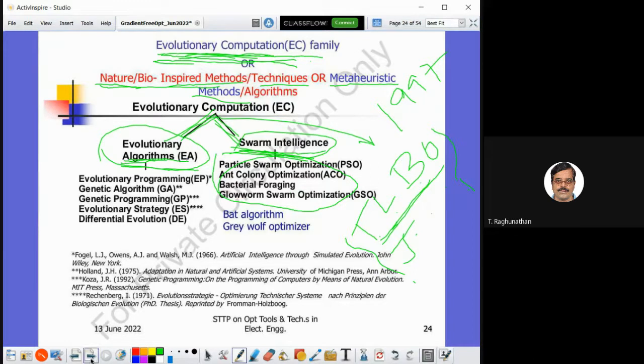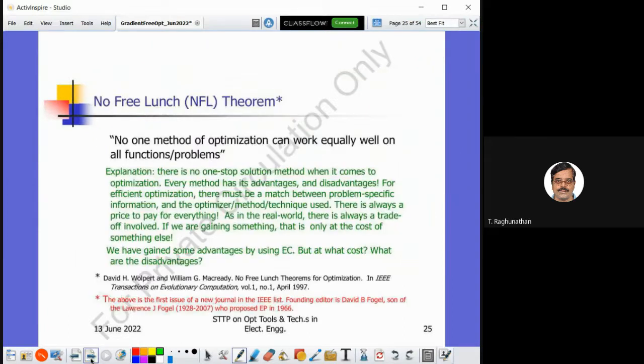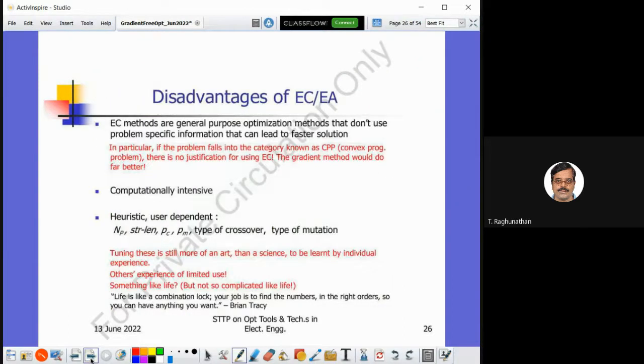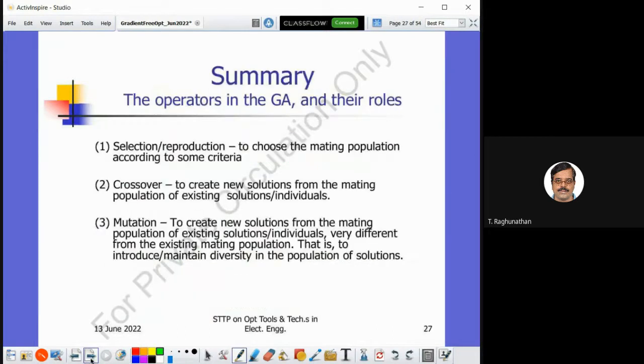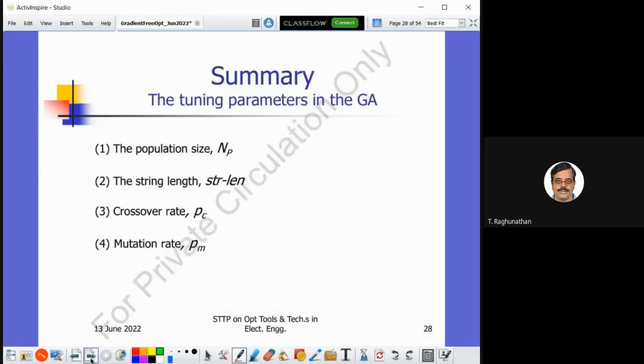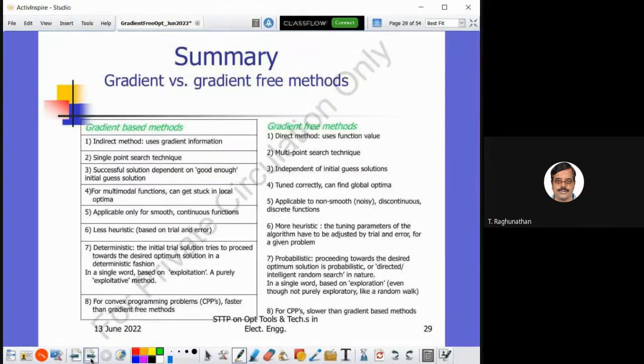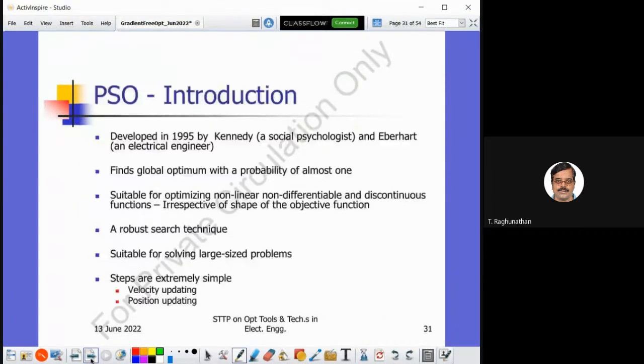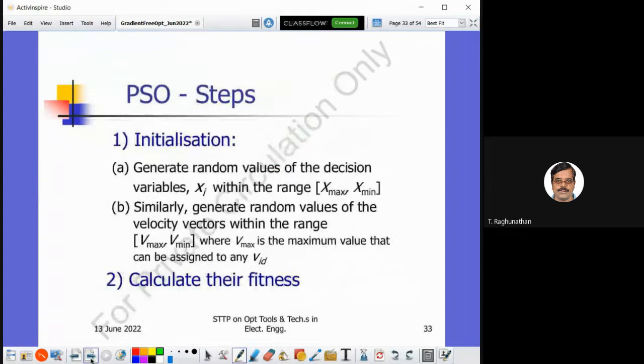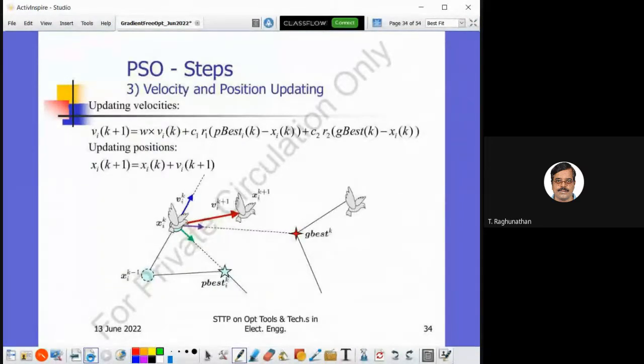So this material is there. Hopefully in future somebody will organize something where we can discuss more of this. These are some of the other things that I have in the material: PSO, and others.